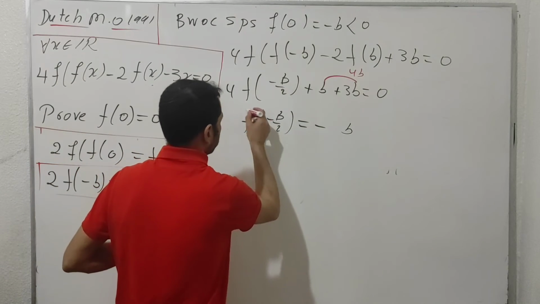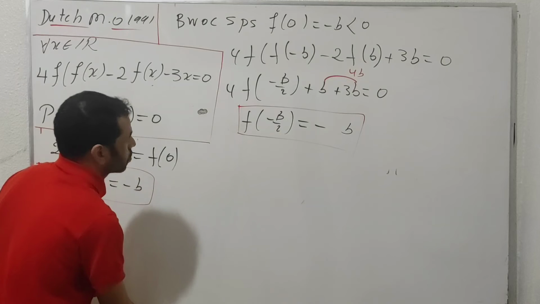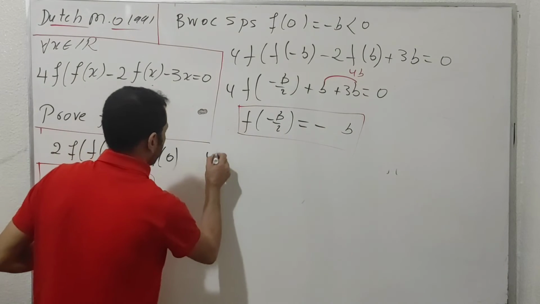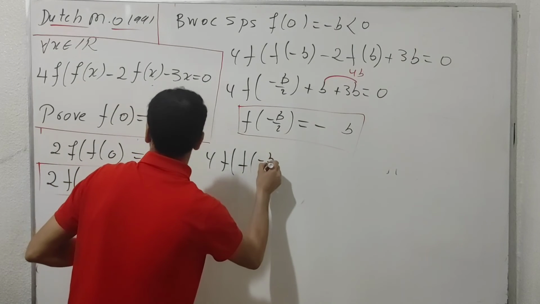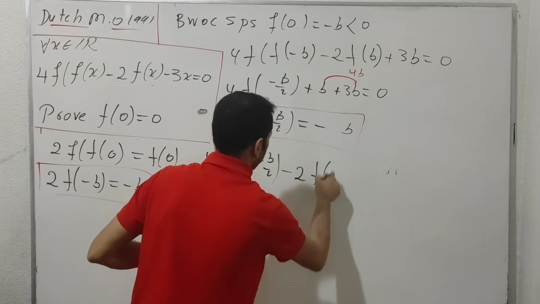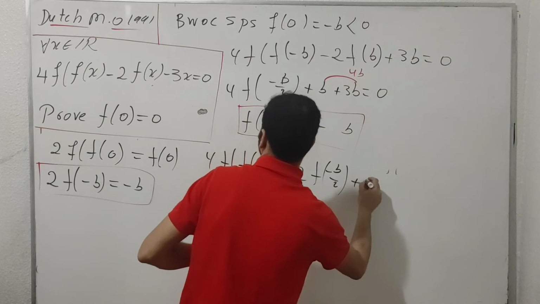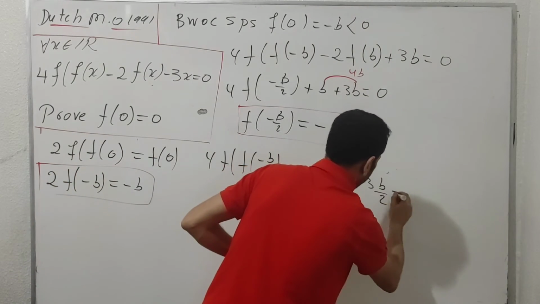Okay, so also to replace x with minus b over 2, I will have 4 multiplied by f of minus b over 2 minus 2 times multiplied by f of minus b over 2 plus 3b over 2, like this, equals 0.